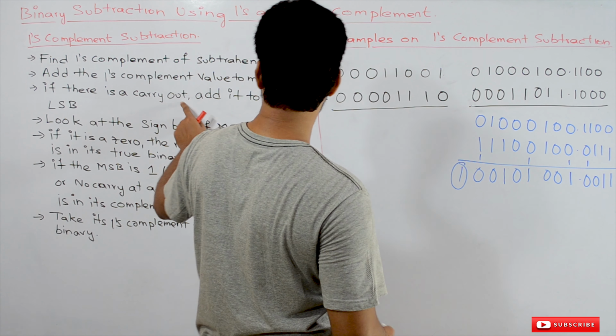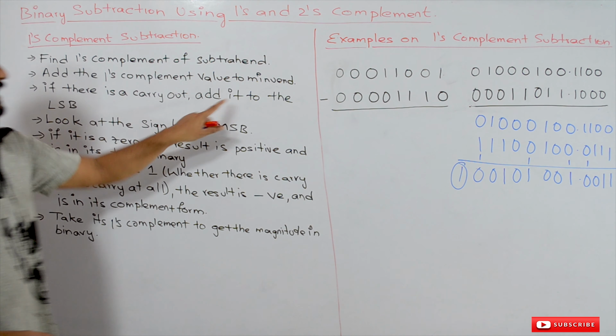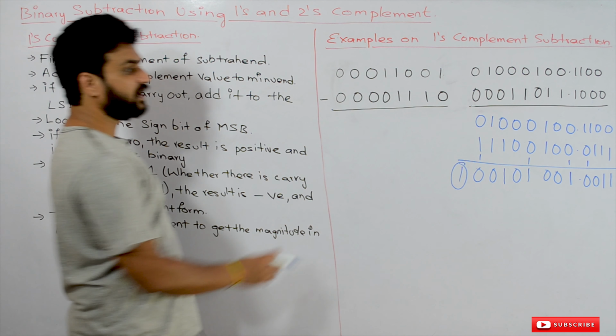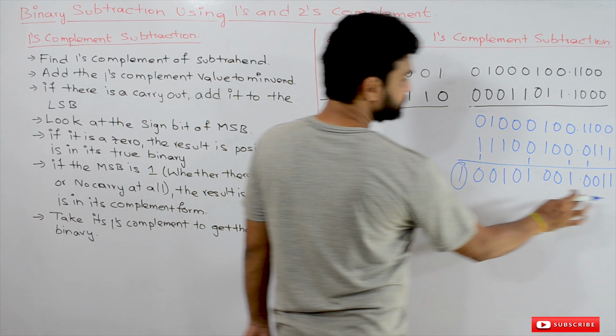If there is a carry, what we have to do is add it to the LSB. So we have to add this 1 to the least significant bit.